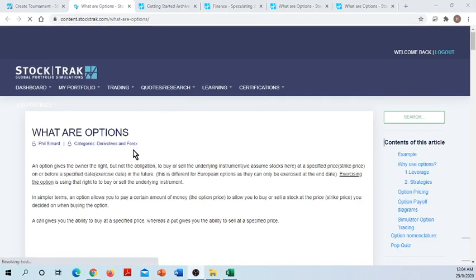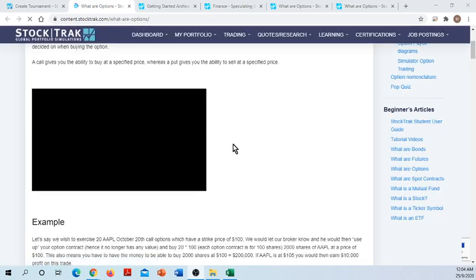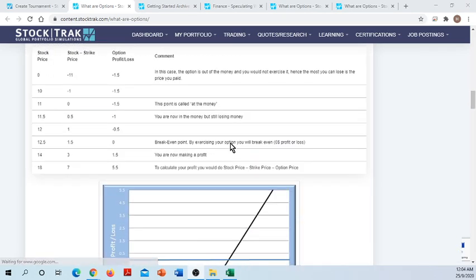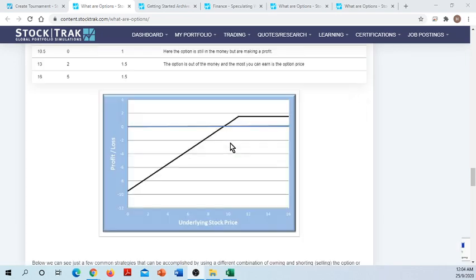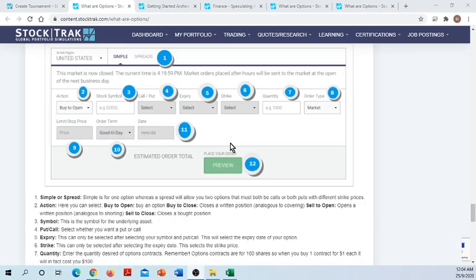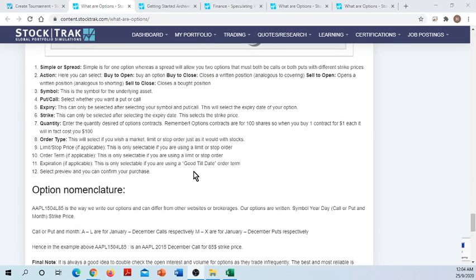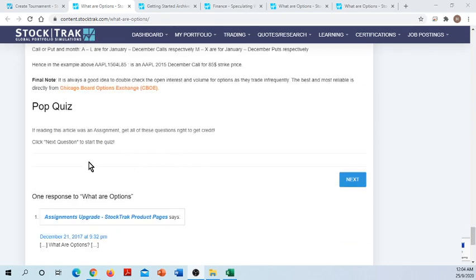So here it's an article about options, and there's a video available, some examples, explanation about some strategies that involve options, and how students can place trades, or if they want to trade options, how they can place their trades on StockTrak. And finally, there is a quiz.